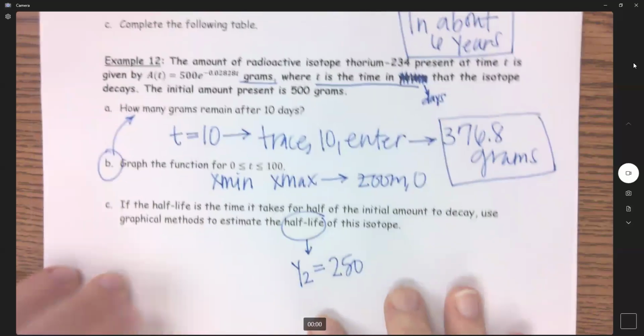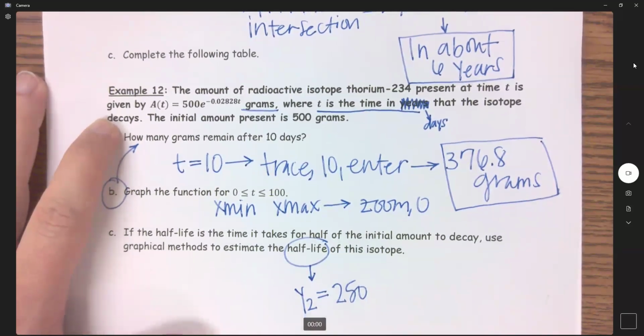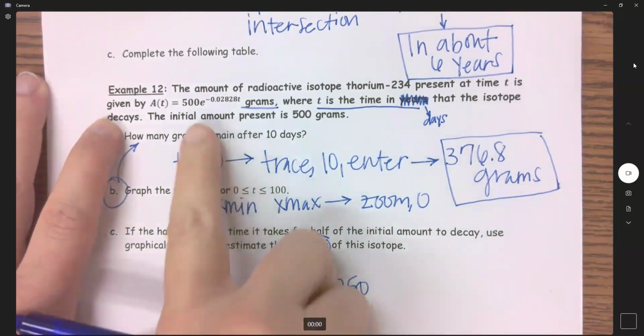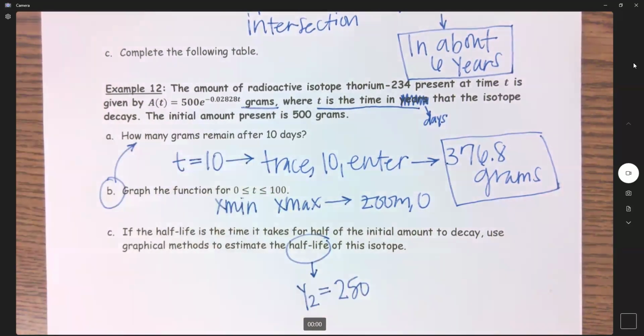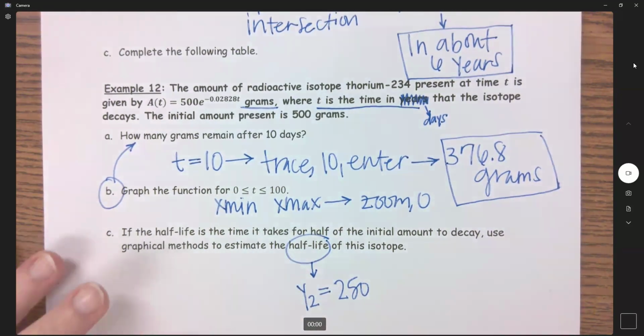So when we have decay models, it's super common for us to figure out the half-life. So you take the initial amount or whatever's in front of that E and cut it in half. When we went over the NT table, it wanted to know the amount of time it's going to double because it was an increasing function or a growth function. So growth functions, it's very common to ask the double. Decay functions, it's very common to ask for the half-life.